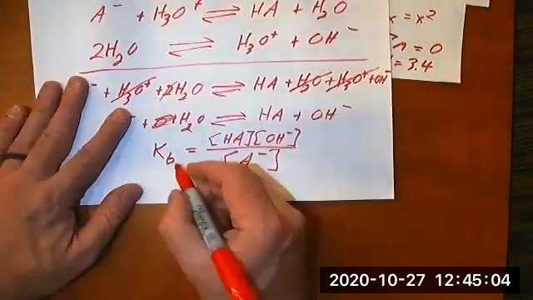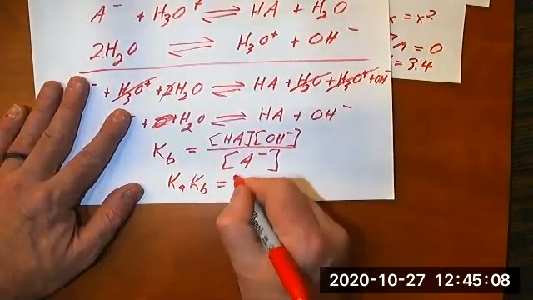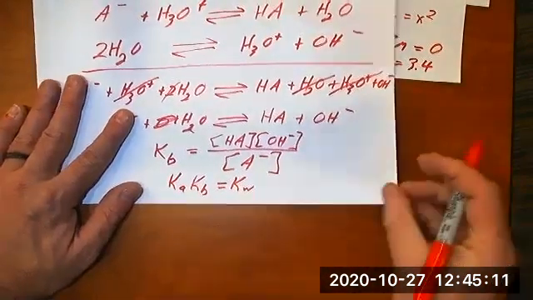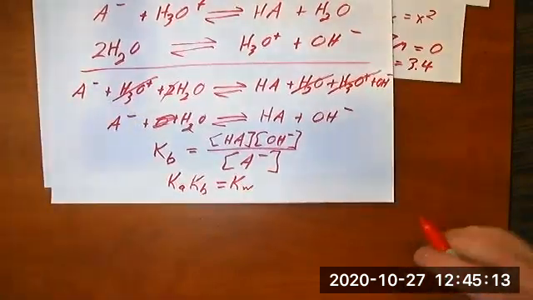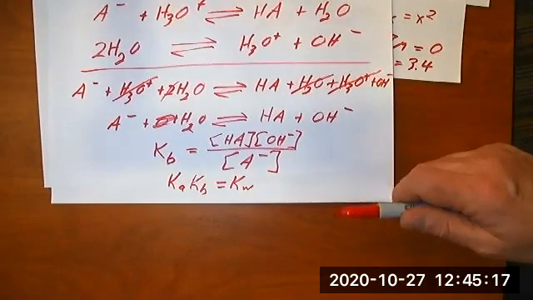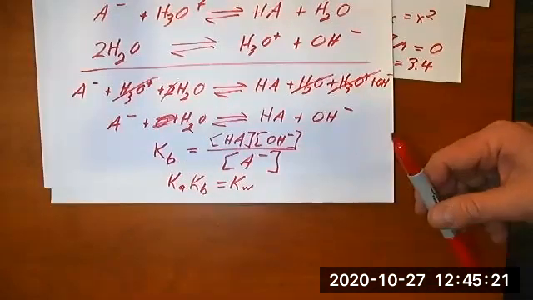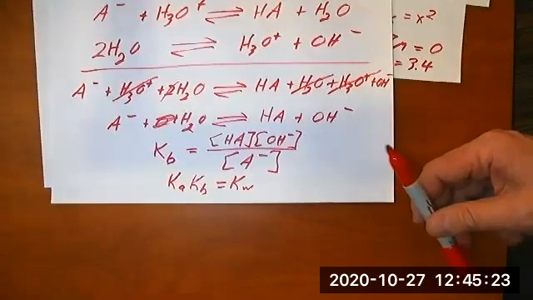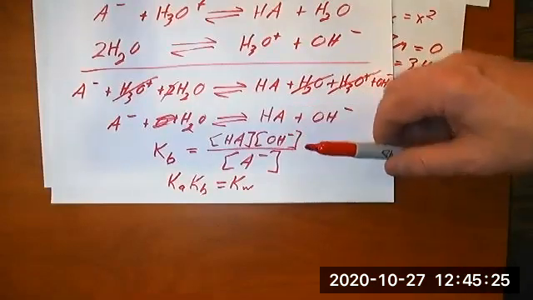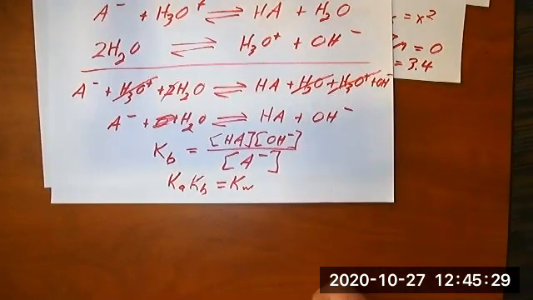That relationship is Ka times Kb equals Kw. So if you are ever in a situation where you need to deal with the base reaction, then you can find the equilibrium constant from its conjugate acid's Ka.